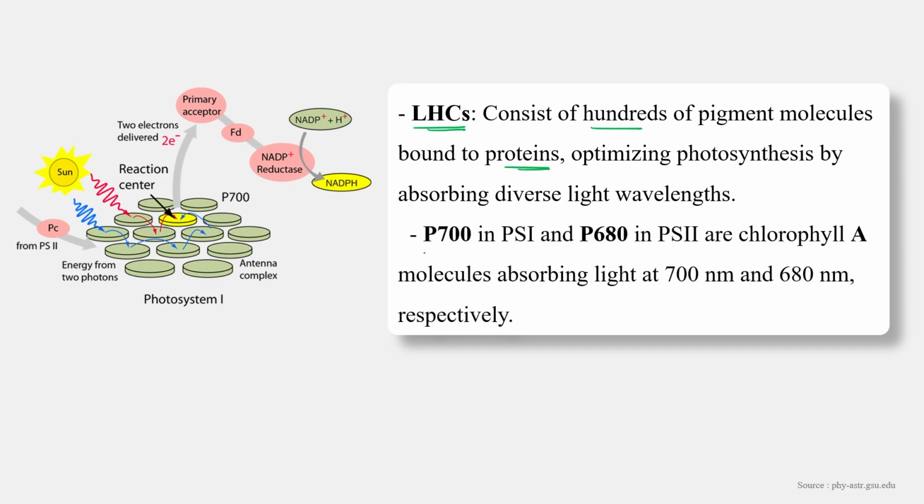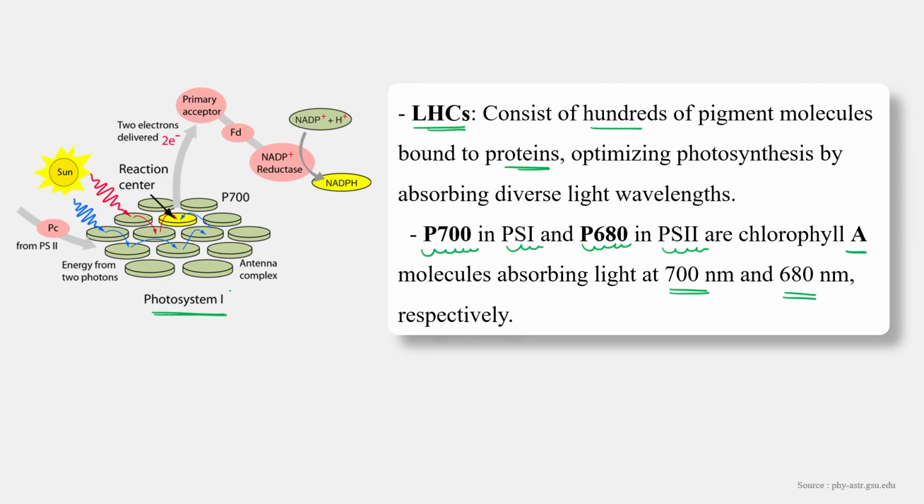Okay, P700 is present in PS1, photosystem 1, while the P680 molecule is present in photosystem 2. P700 in PS1 and P680 in PS2 are chlorophyll A molecules that absorb 700 nanometer and 680 nanometer wavelengths of light respectively.